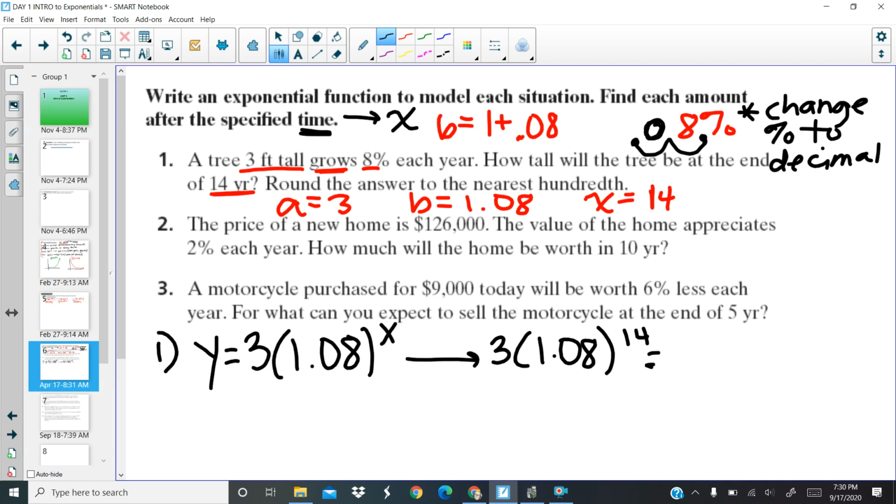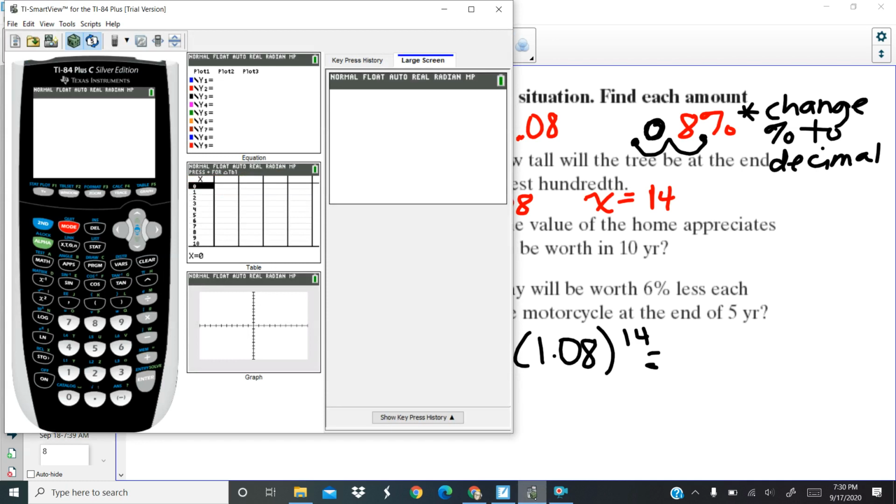Then you're going to need some sort of calculator to solve this. I have a little calculator emulator that I've downloaded that I'm hoping will work for these videos. My equation was 3 times 1.08, raised to the 14th power.